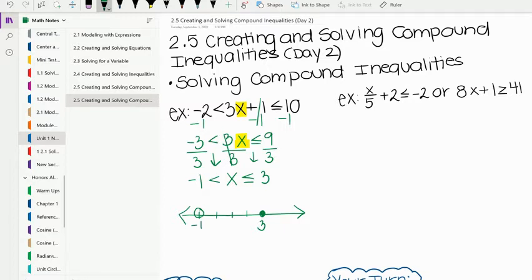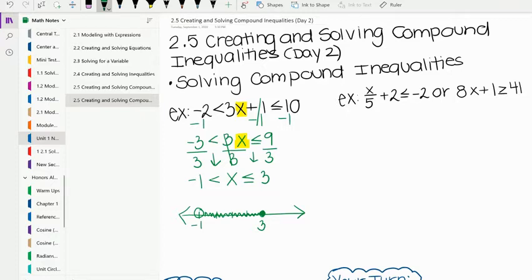And then I'm just going to shade everything in between, because what this is saying is it's greater than -1, but less than or equal to 3. So if I asked you for a solution, you could say 0 is a solution, 3 is a solution, -0.5 is a solution, but -1 is not a solution, 4 is not a solution. It will not make the inequality true.